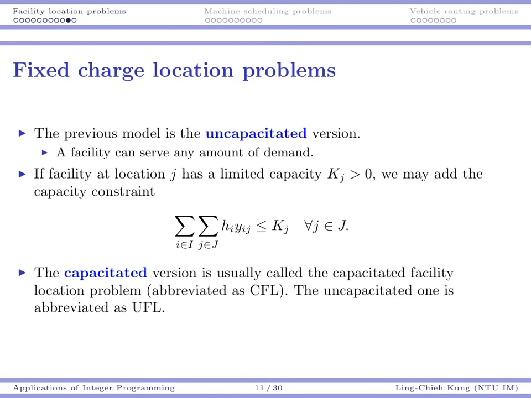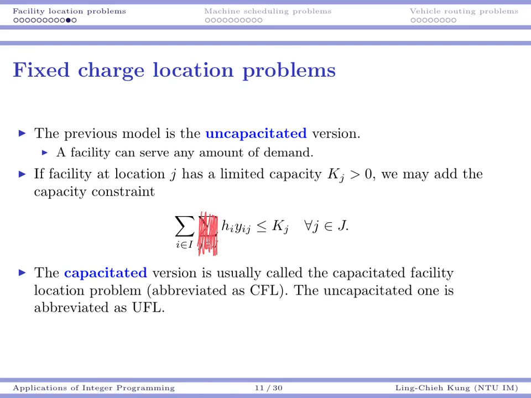Instead, you need to make sure that the total demand assigned to a facility does not exceed its supply. Here you don't have this term. So for each facility, you sum up all those demands that have been assigned to it.